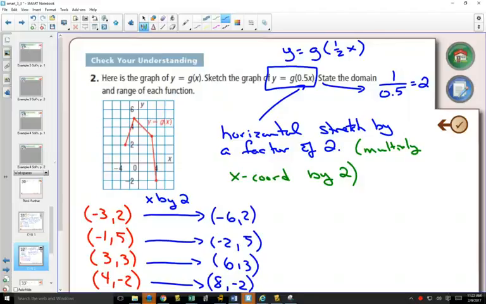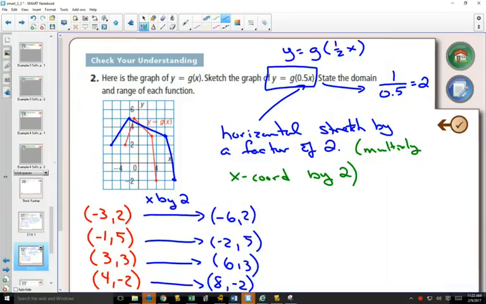So now that we have all those points, we can label them. Here's (-6, 2). Here's (-2, 5). We've got (6, 3) and (8, -2). Join them together. And so you see when something gets stretched, it gets stretched away from the y-axis.